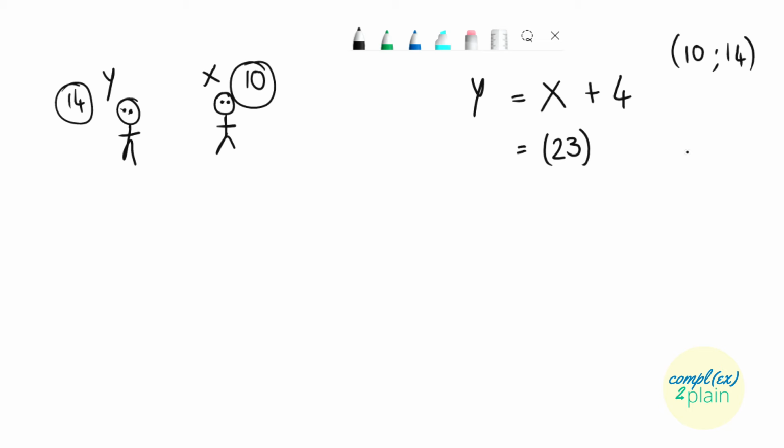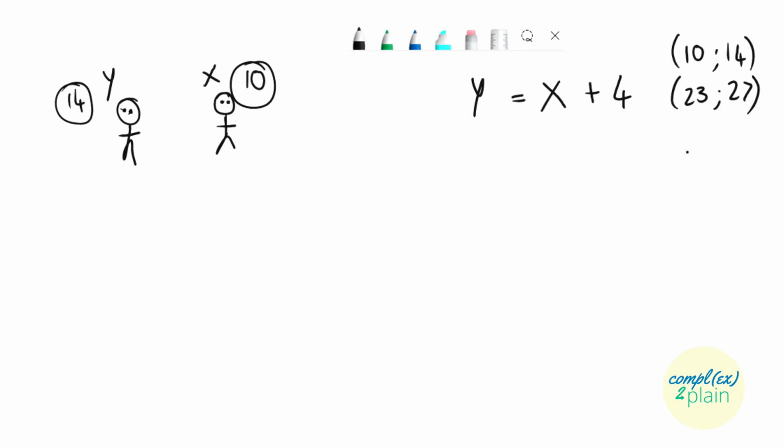And that's quite important to understand. So I can ask a question for any given age, for any value of that variable, and find out the value of the other variable. So when your sister is 23, you are going to be 27.